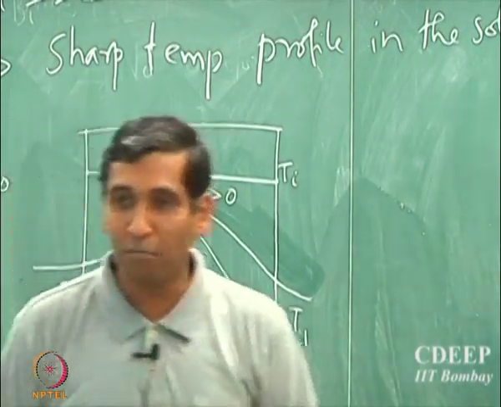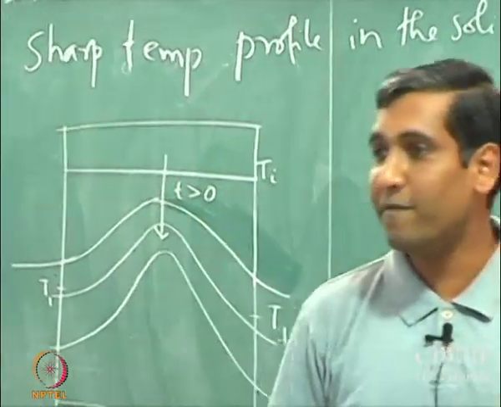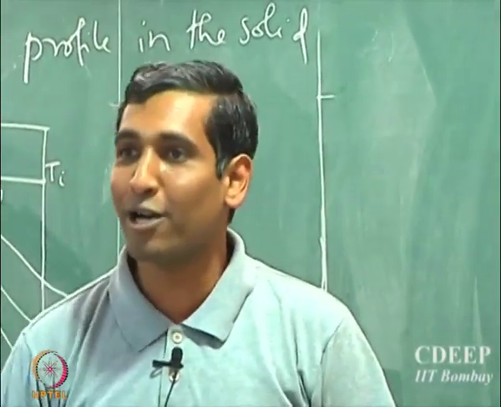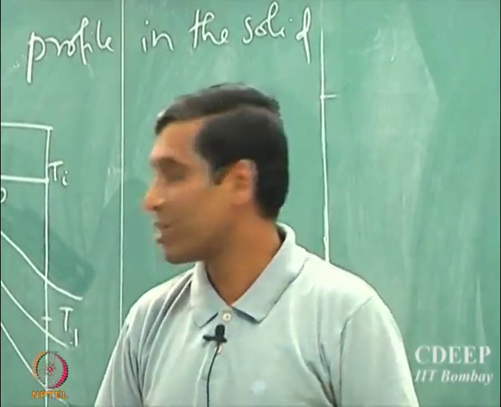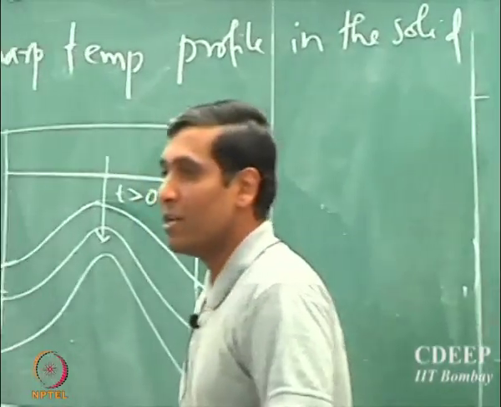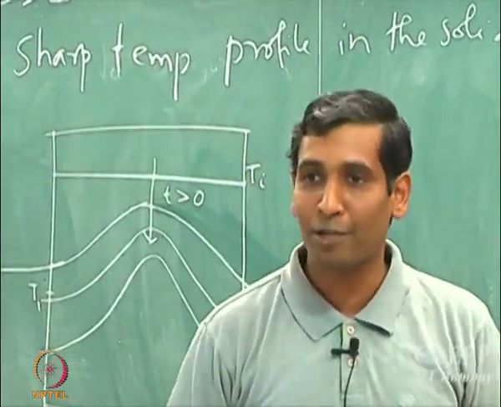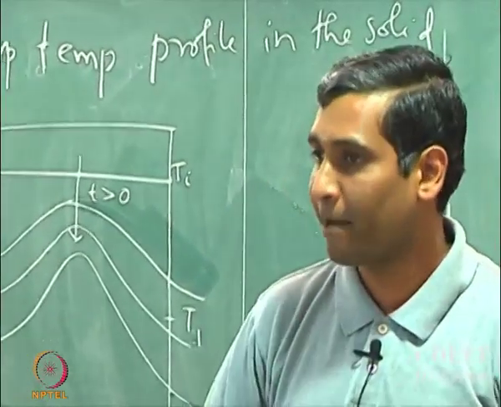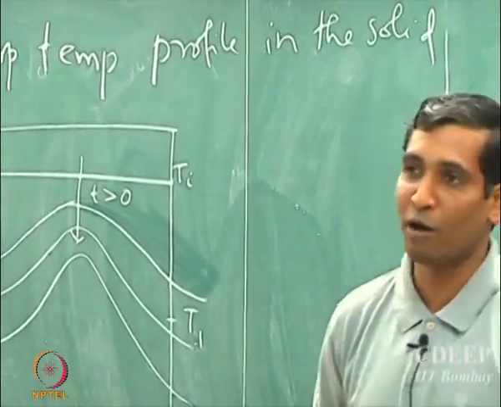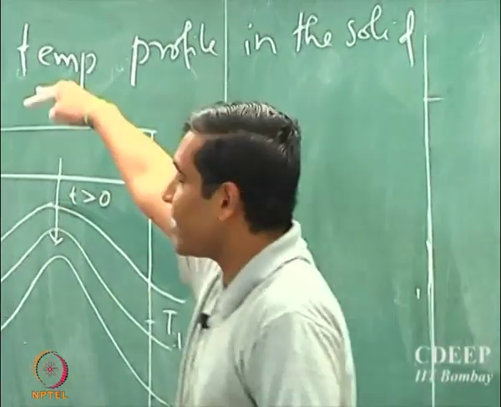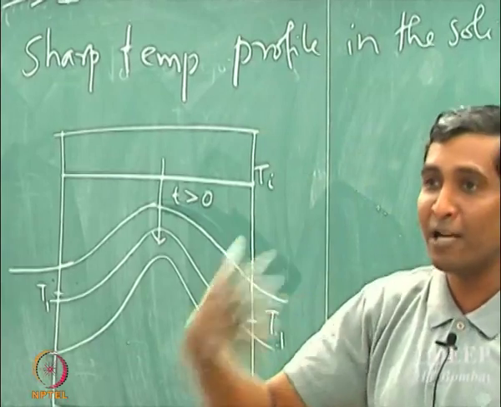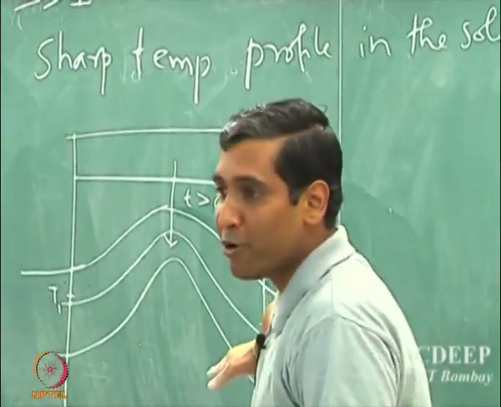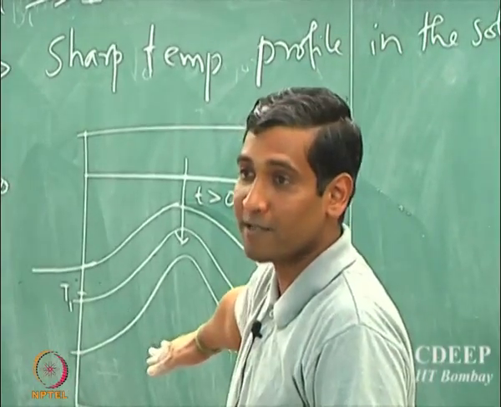Of course, you will have to write model equations and solve them, but if you don't know what the model equation is going to give, you don't know whether the solution is right. So it's very important to be able to get an approximate sketch of the temperature profile even before solving the equations. And using dimensionless quantities and such resistance arguments, it actually helps you to come up with what is going to be the approximate temperature profile.